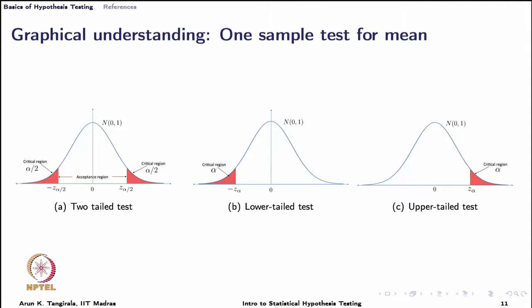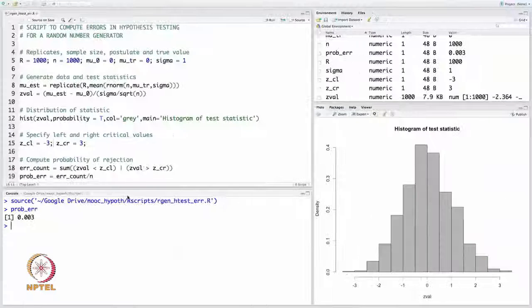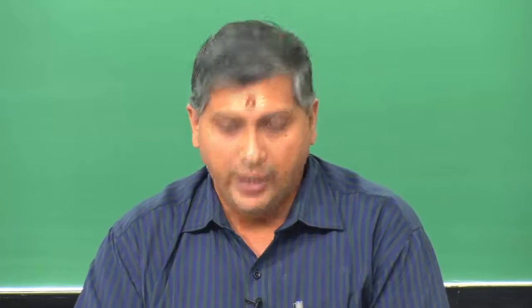When alpha is 0.05, alpha by 2 is 0.025. That means these two shaded regions here have an area of 0.025. What I am going to do is to determine z alpha by 2, I go to Q norm and ask for the complementary probability, because I know 0.025 is the area of the red region, and I just now said Q norm looks at the probability to the left, from the left extreme to z alpha by 2, and that obviously is 0.975.